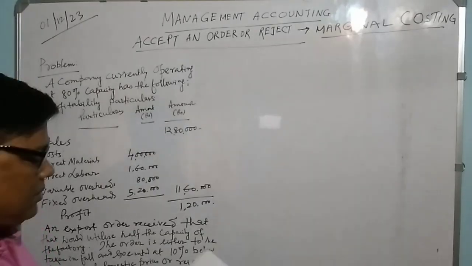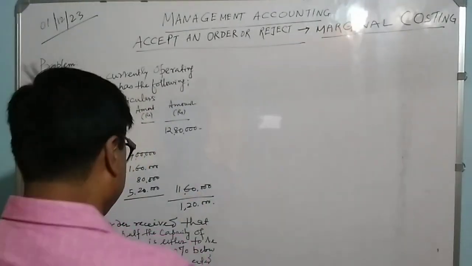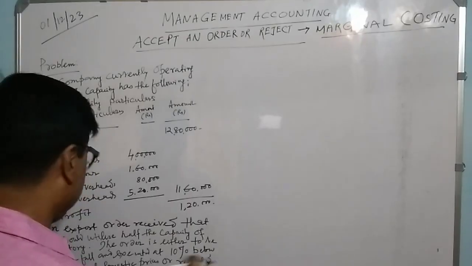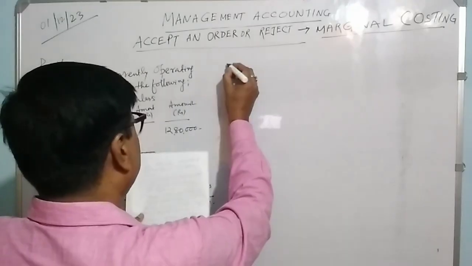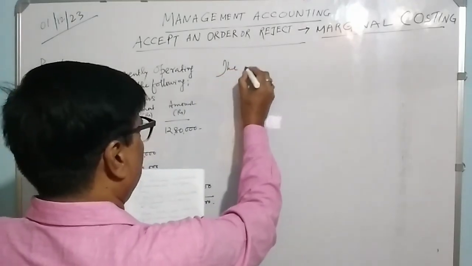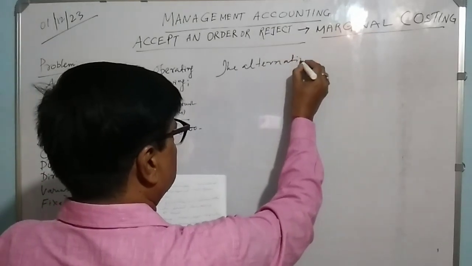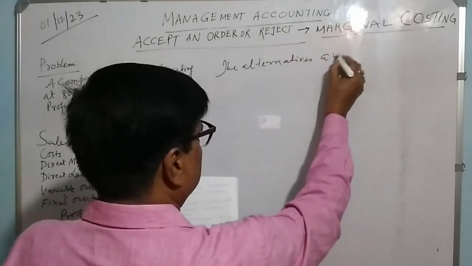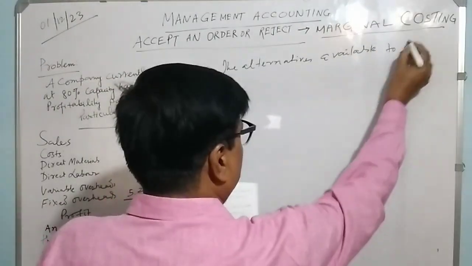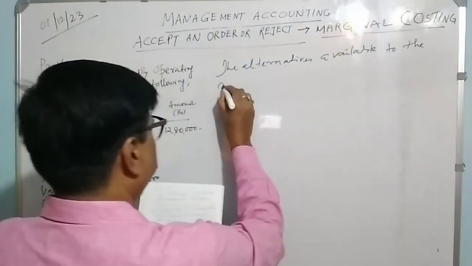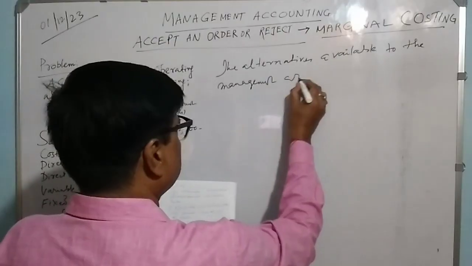After the discussion of the export order at 10% below domestic price, they say that the alternatives available to the management are given below.